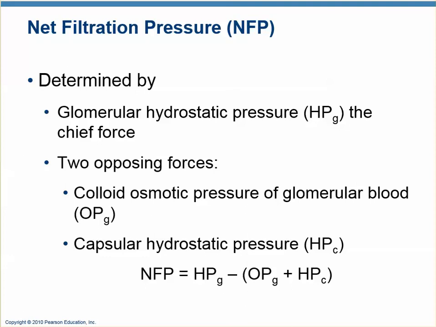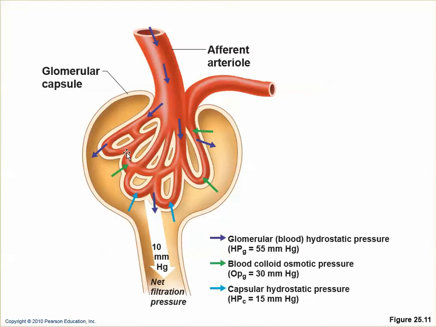If there's a blockage in the renal tubules, then this capsular hydrostatic pressure goes up, and the filtration pressure goes down. So really, it's the force pushing out, which is in purple, minus the force pushing back in, which is the capsular hydrostatic pressure, and the osmotic pressure, which is in green here.